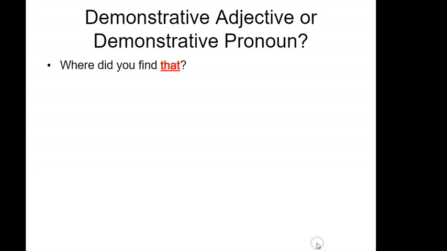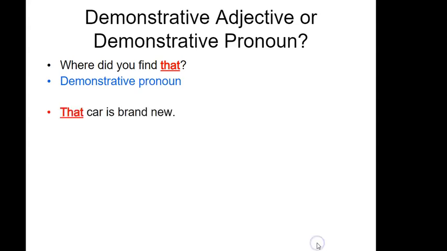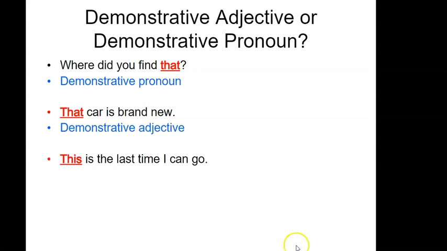Demonstrative adjective or demonstrative pronoun? Where did you find that? Demonstrative pronoun. That car is brand new. That cat will be a new one for our house. That will also be a demonstrative adjective. And this is the last time I can go.